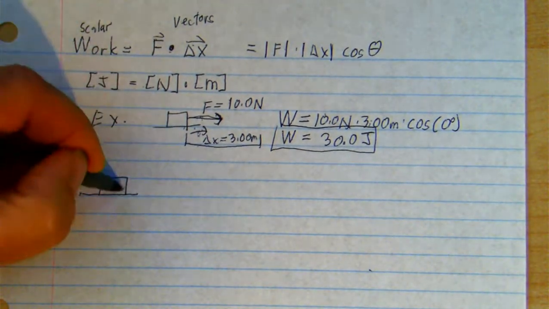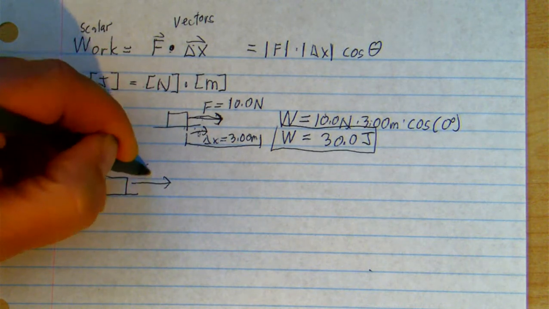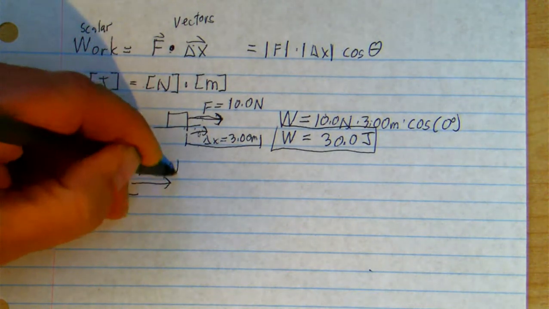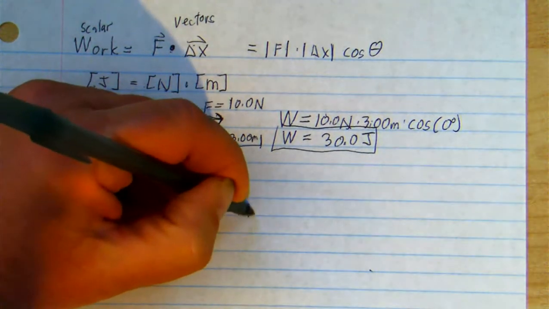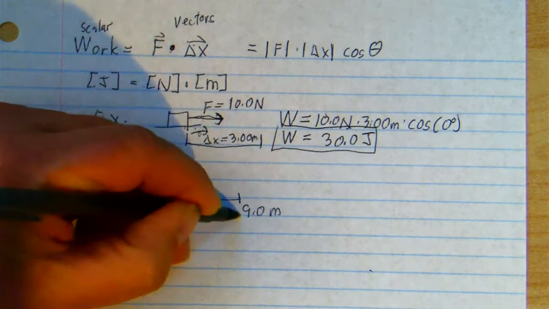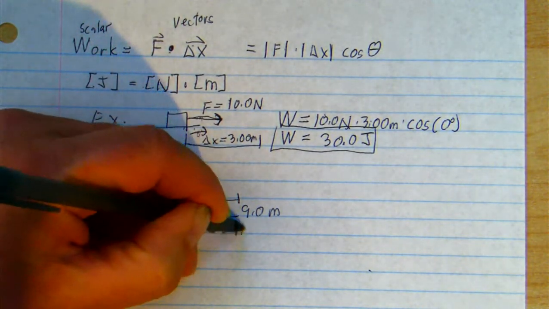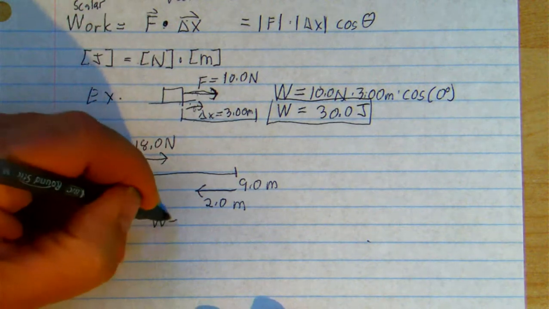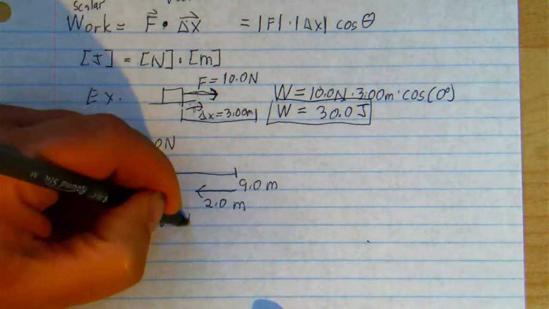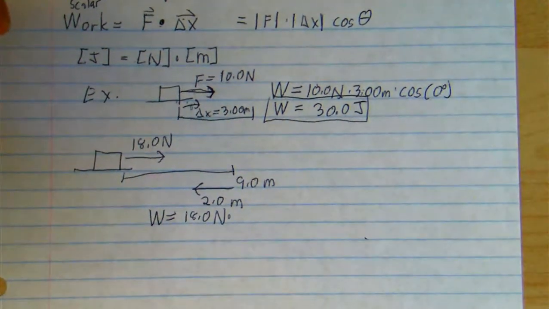What if I apply a force of 18 newtons and the box goes 9 meters to the right and then it goes 2 meters back to the left? How much work is done? Well, the answer is 18 newtons times the displacement.